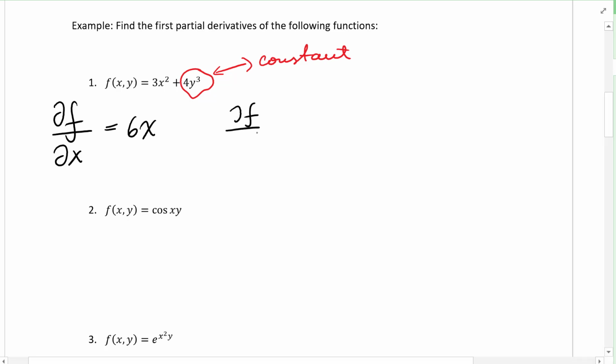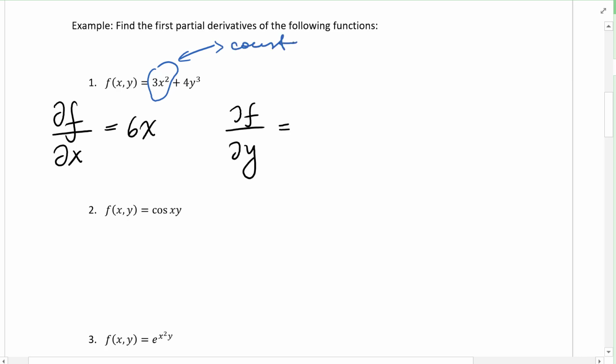df/dy is the derivative of f with respect to y. So this time we consider x a constant. So 3x squared differentiated with respect to y is 0, and 4y cubed differentiated with respect to y is 12y squared.